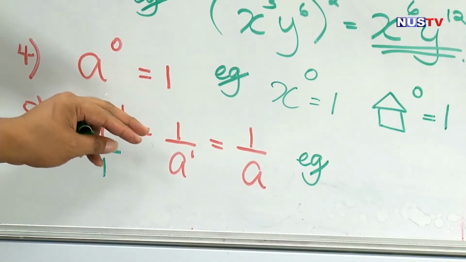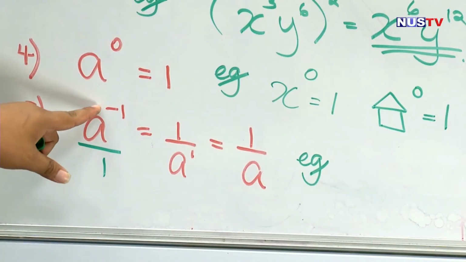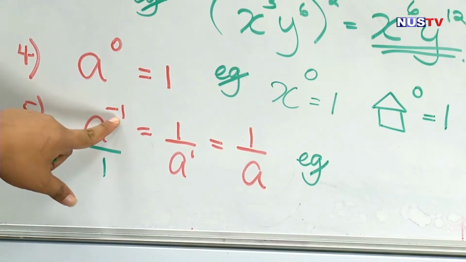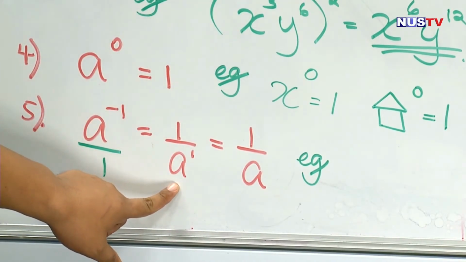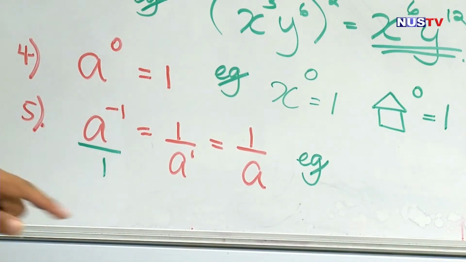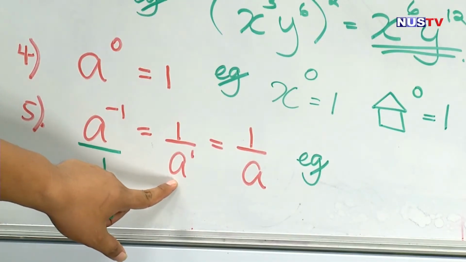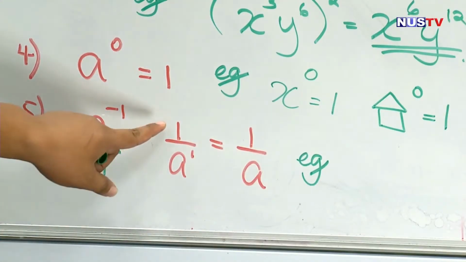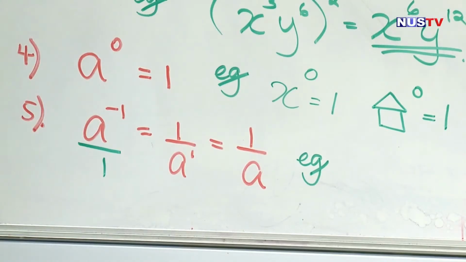When we flip them, or take the reciprocal, the power becomes the opposite. Now a as a numerator has the power of negative 1, but now we are putting it down as a denominator, so instead of the power of negative 1, now it's positive 1. Please remember that anything to the power of 1 is just the same as the base itself. So 1 over a to the power of 1 is just the same as 1 over a.